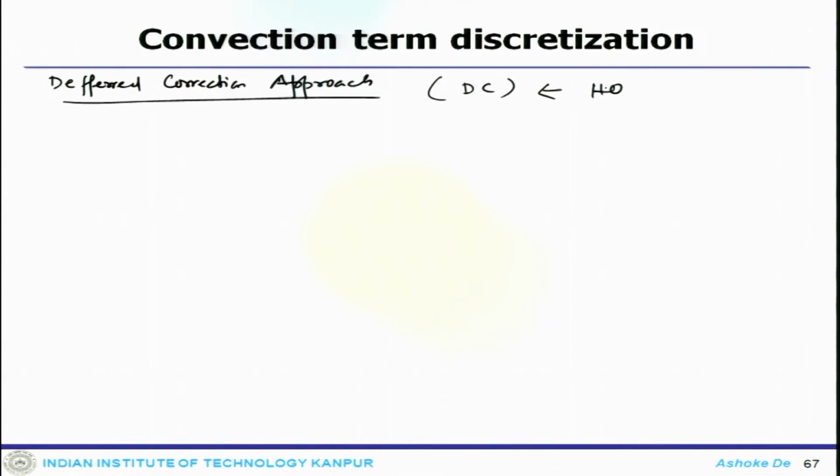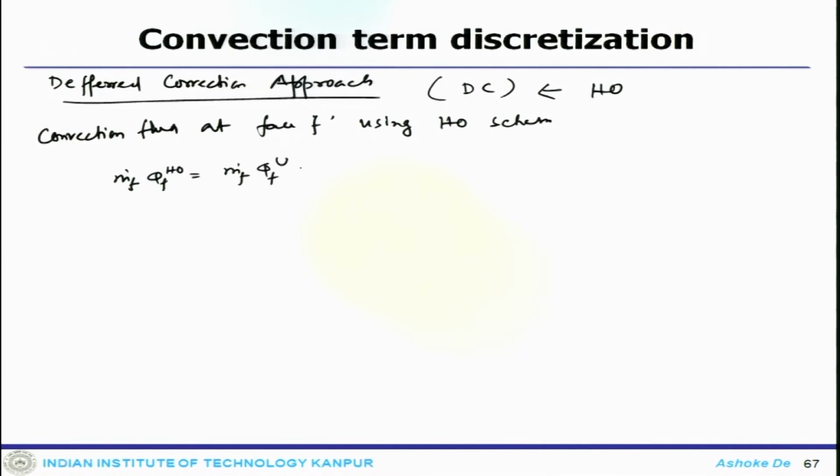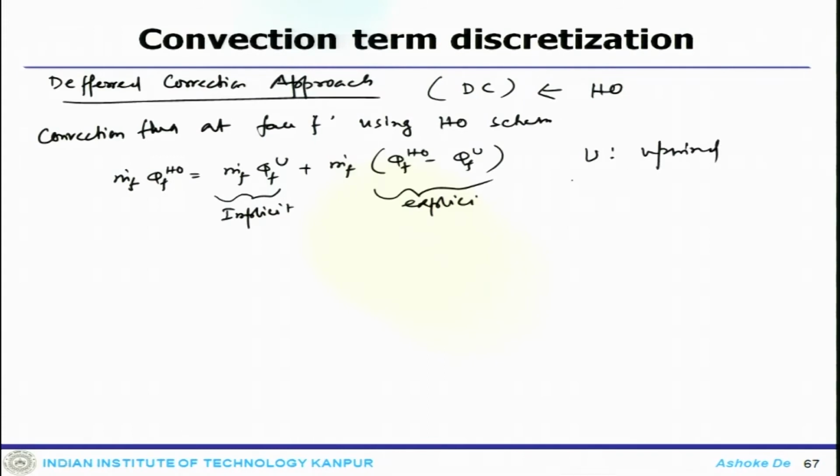If you write the convection flux at face f using a higher order scheme, then you can write m dot f phi f equals m dot f phi f upwind plus m dot f (phi f higher order minus phi f upwind). The first term is implicit and the second is explicit, where U stands for upwind and HO is higher order scheme.